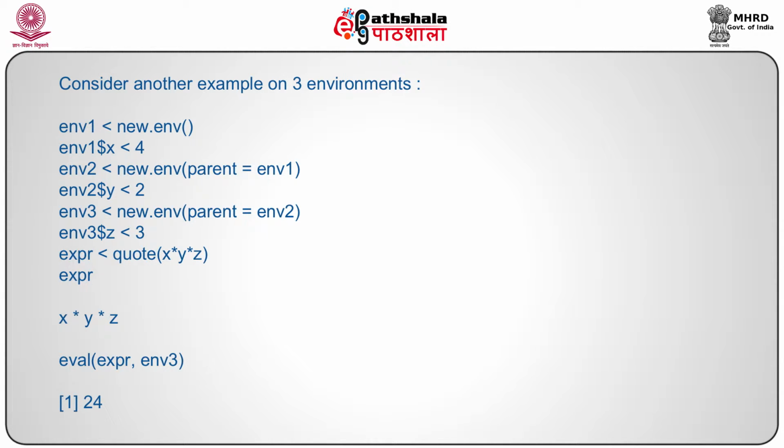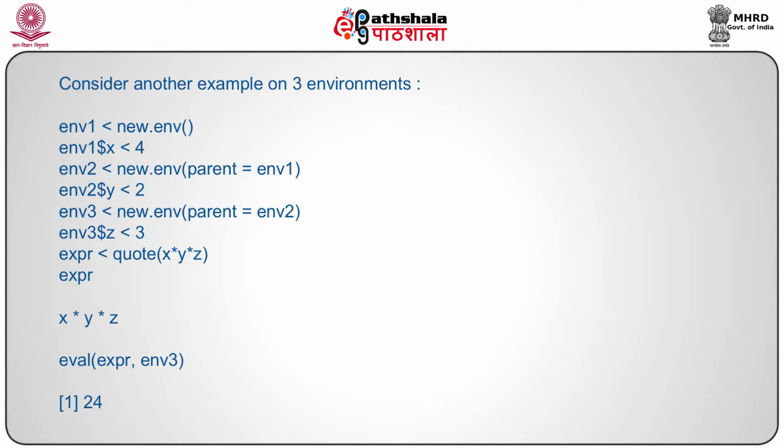So, here is the output, which reads that the final value after the multiplication of the 3, that is x into y into z, is 24. So, what if we consider exactly the same expression but in environment 2? In that case, it would only have the values of x and y, and z is not there.